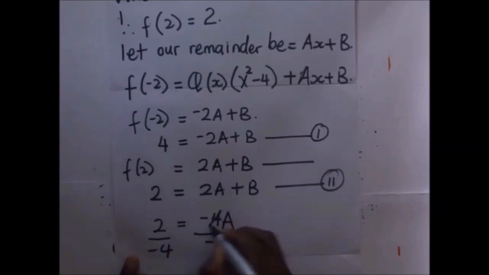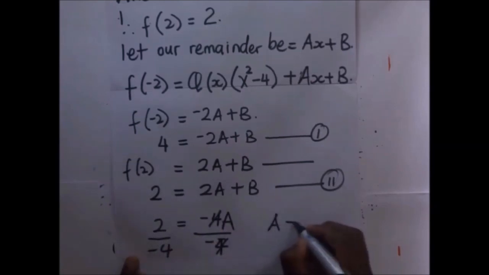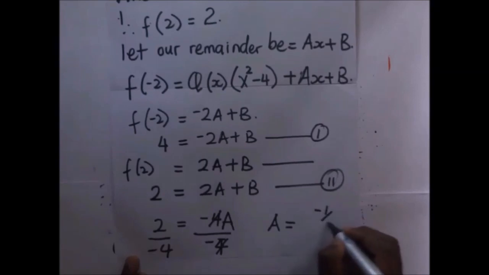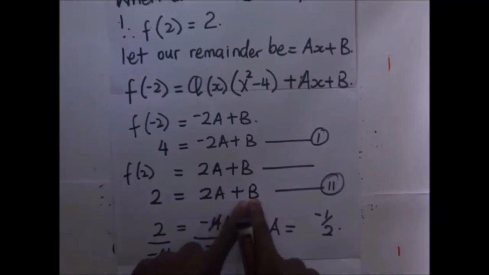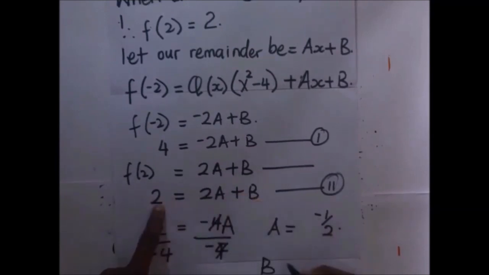By negative 4, this goes with that. Our value of a here is going to be negative a half. So our value of b, if we make b the subject of the formula in this equation, it's going to be 2 minus 2a.